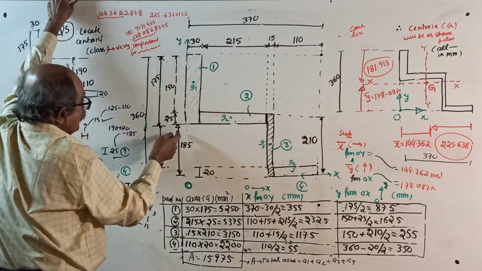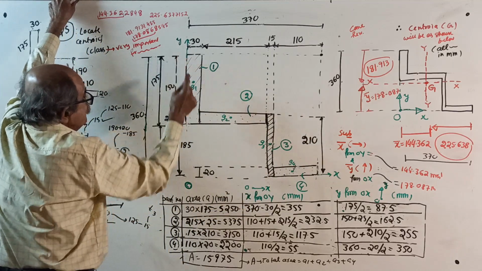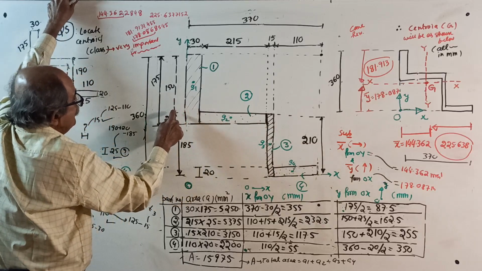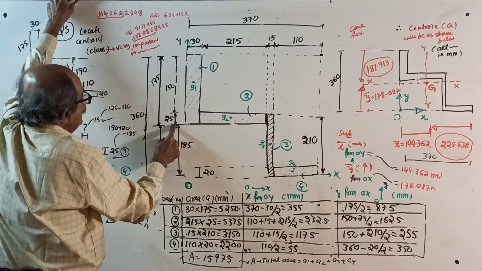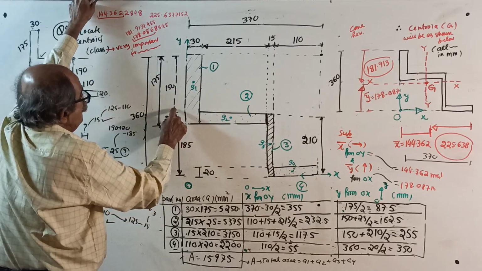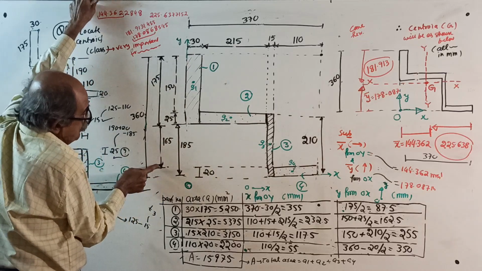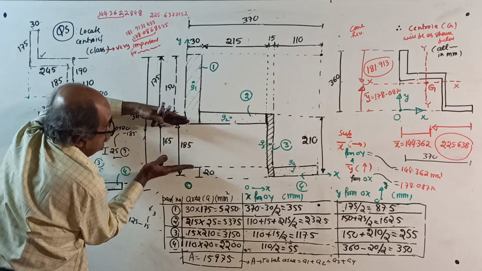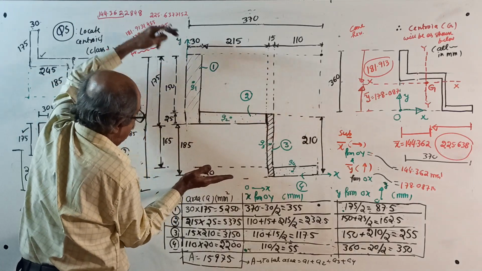For further understanding, this cut distance from here to here is 150. This is 25, you already know it. Once it is 25, from 175 subtract 25, you will get 150. What is 165?